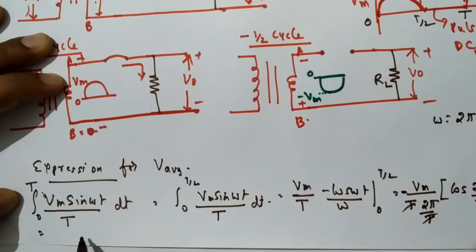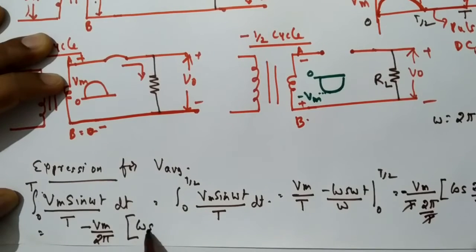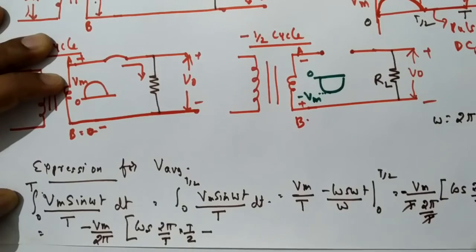So this will be equal to minus Vm divided by 2 pi into, now apply the limits, cos of 2 pi by T into T by 2 is cos pi, minus cos 0.